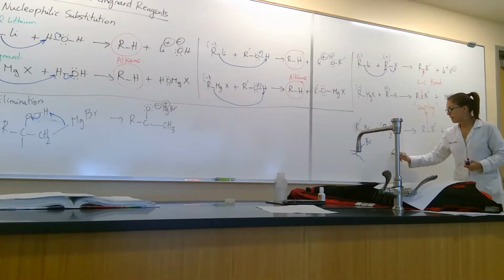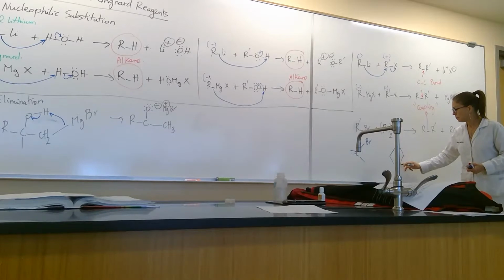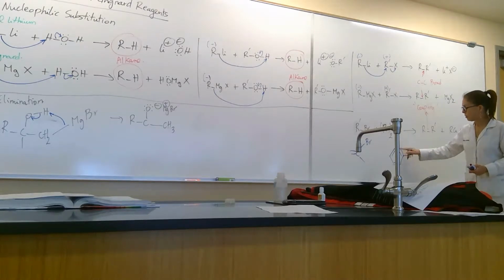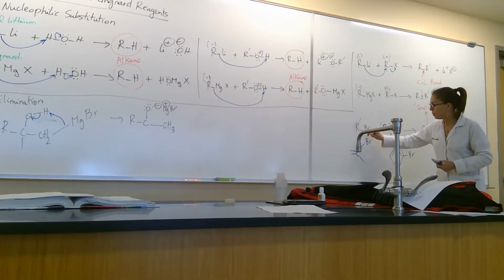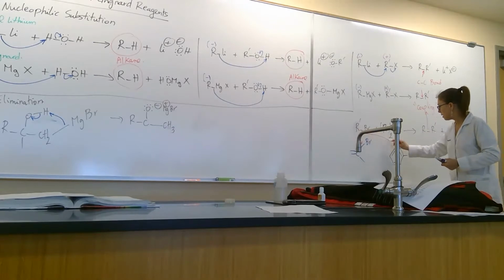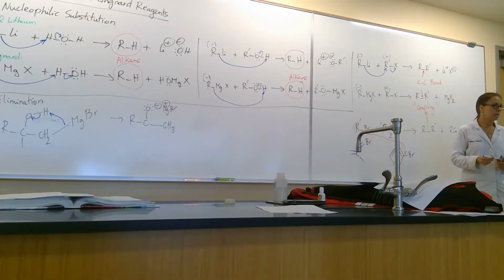Or a benzyl group. So Gilman is highly used when you have a halogen on a C double bond. Okay? So this bond is this, and this bond is this.